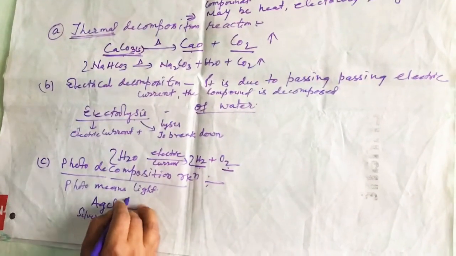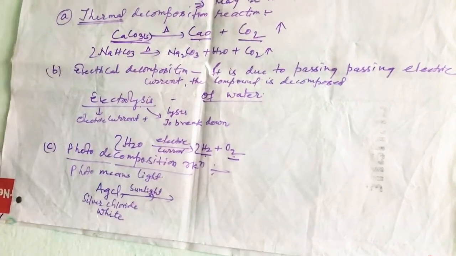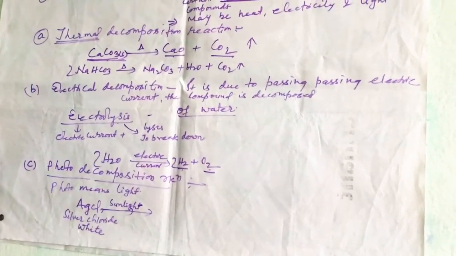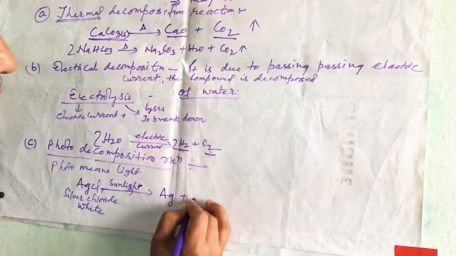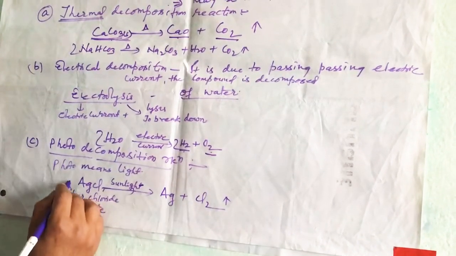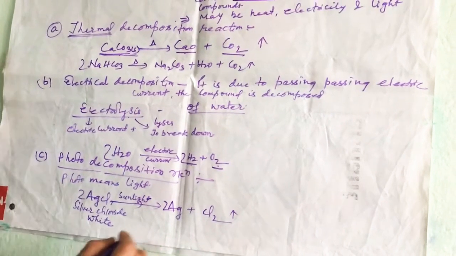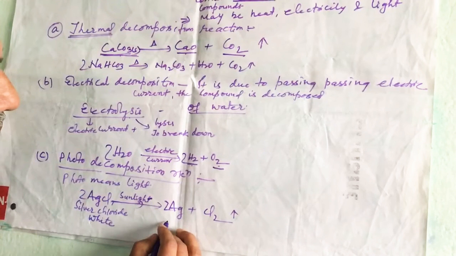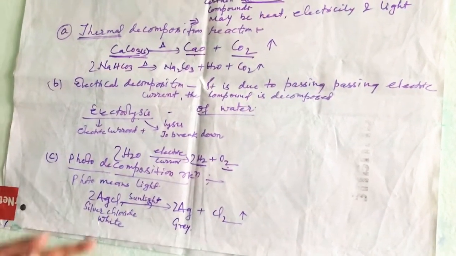When it is exposed to sunlight, this silver chloride decomposes into silver and chlorine gas. Now the color becomes gray. From the examination point of view, this is a very important question.